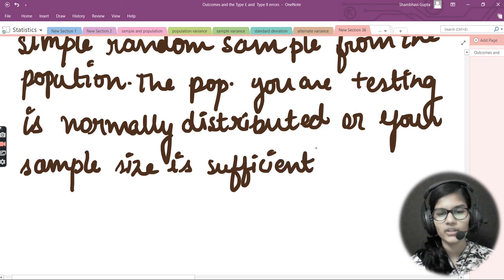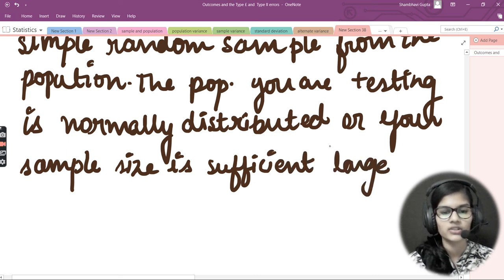This was the thing I mentioned above as well, when I was giving you a note. What I mentioned is that if the sample size is sufficiently large, then the t-test will work even if the population is not approximately normally distributed, right? Related to that only, I have written out the second thing here.